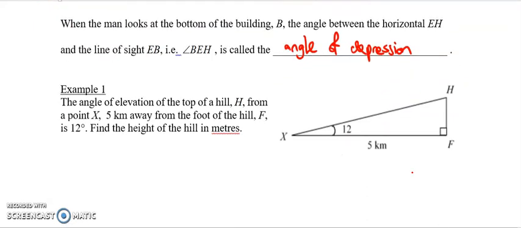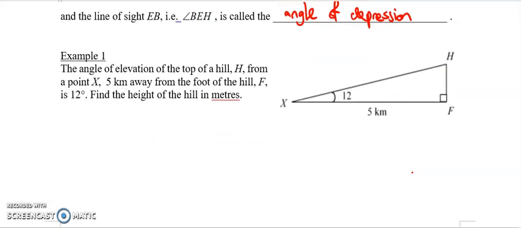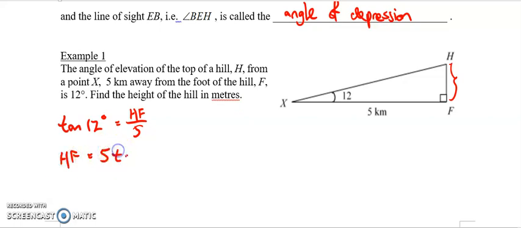Example 1 is a simple recap of the concept using our trigonometry ratio. We have a right angle here. We are supposed to find the height HF. HF is opposite of this 12-degree angle, and we have the adjacent side 5 kilometers. So tangent 12 degrees is HF over 5, so HF equals 5 times tangent 12.